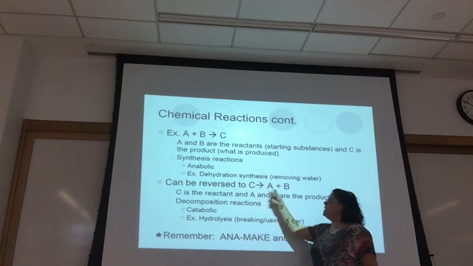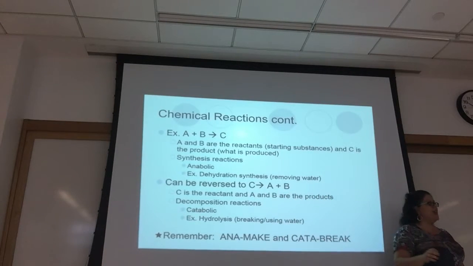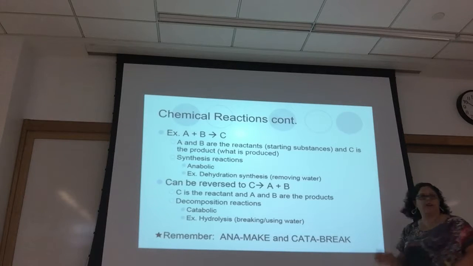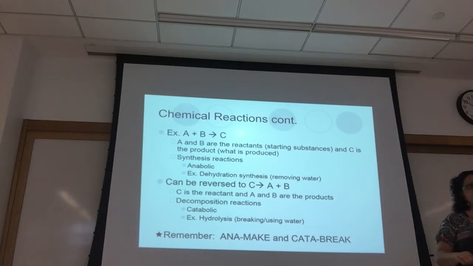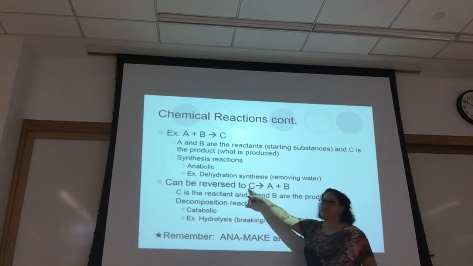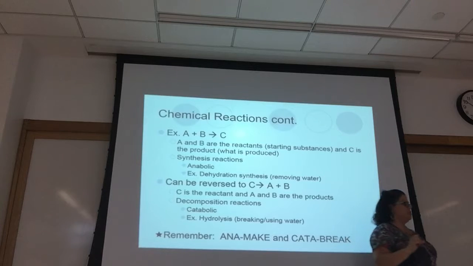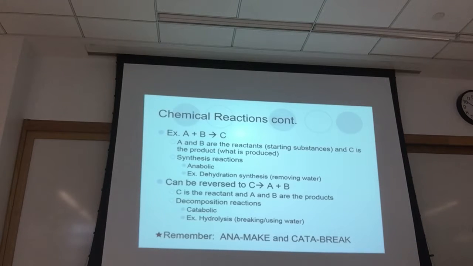As we are breaking down C, this breakdown reaction is called a catabolic reaction. It's also called a decomposition reaction, where we're decomposing C into A and B. So this is a decomposing reaction, digestion reaction.